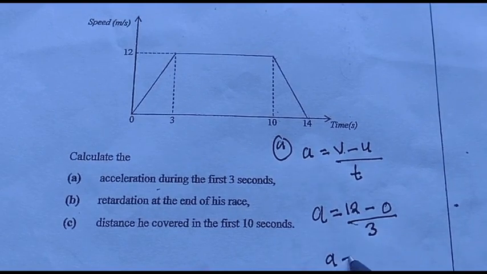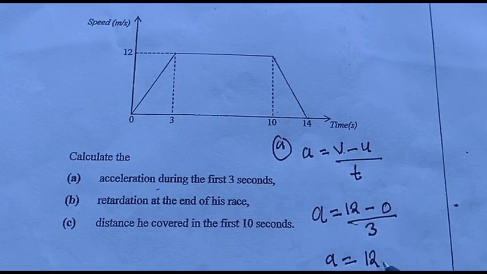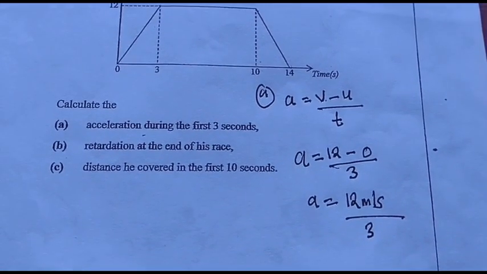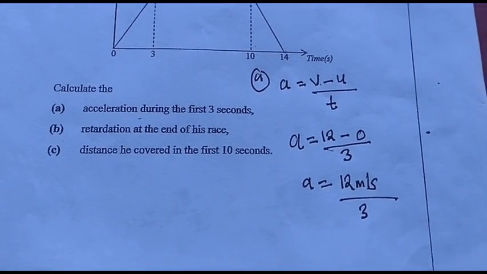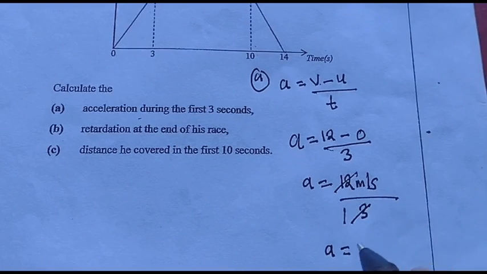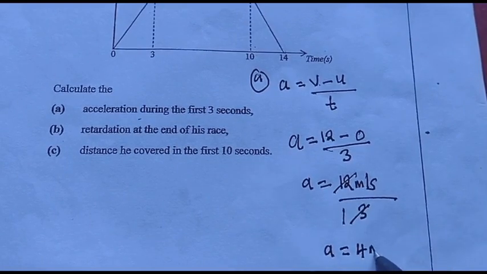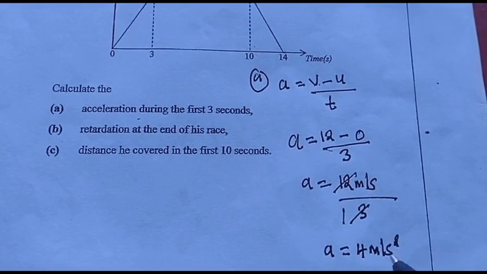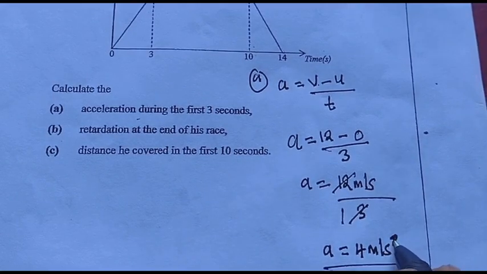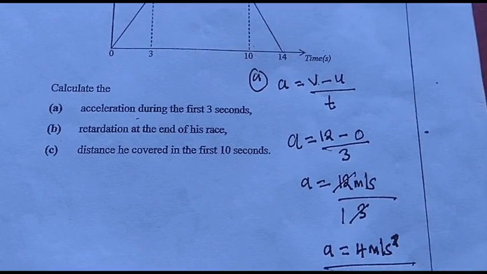So acceleration is equal to 12 meters per second over 3. 3 into 12 is 4. So we have 4 meters per second squared. This is the answer for question A.